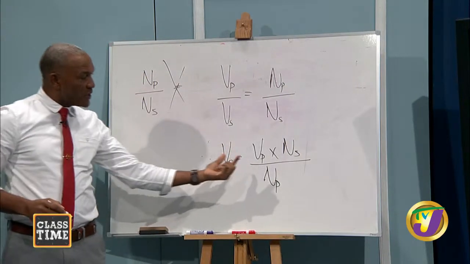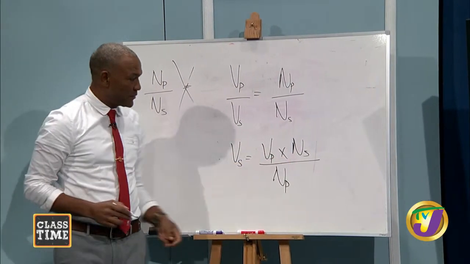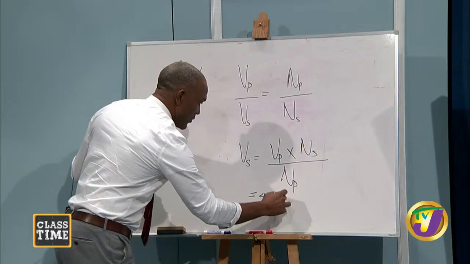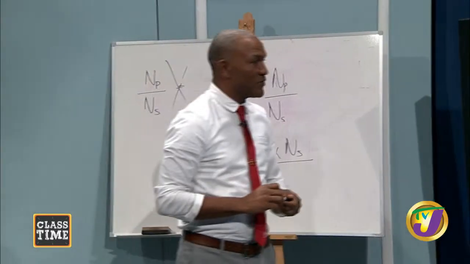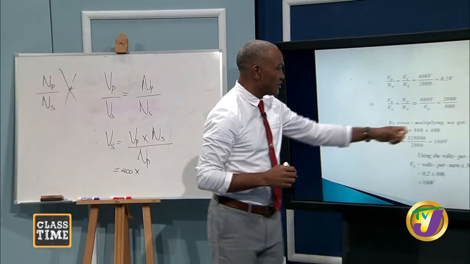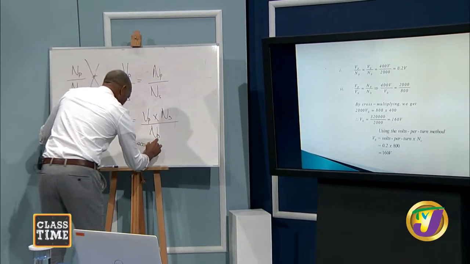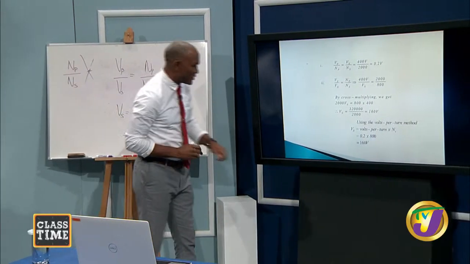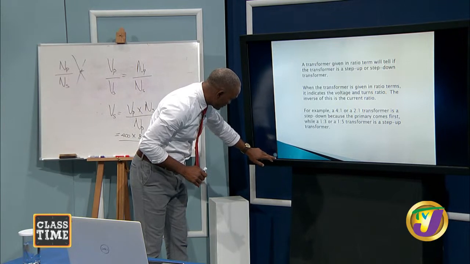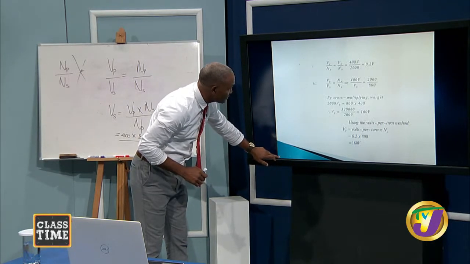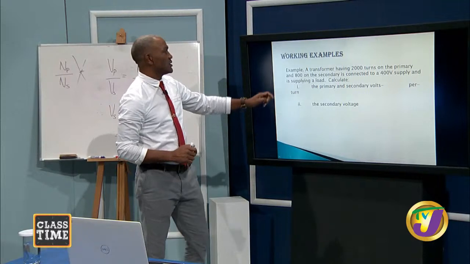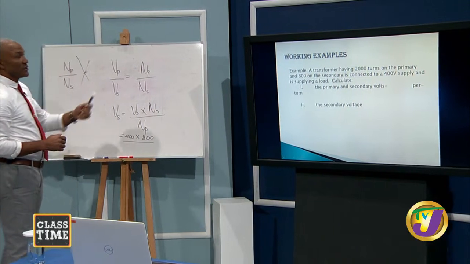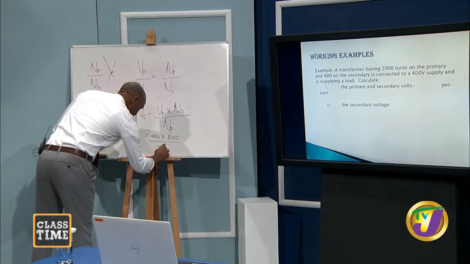Then we are going to now plug in the values of each of these. What's the value of Vp? 400. What's the number of turns in the secondary? The number of turns in the secondary was 800. And if we go back, it says the number of turns in the primary is 2000 and the number of turns in the secondary is 800. So we put 2000 down here.